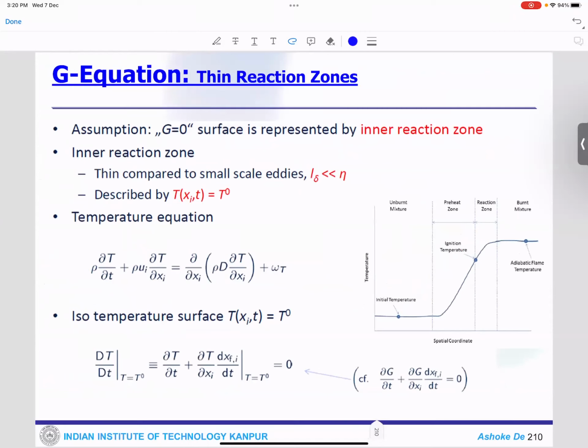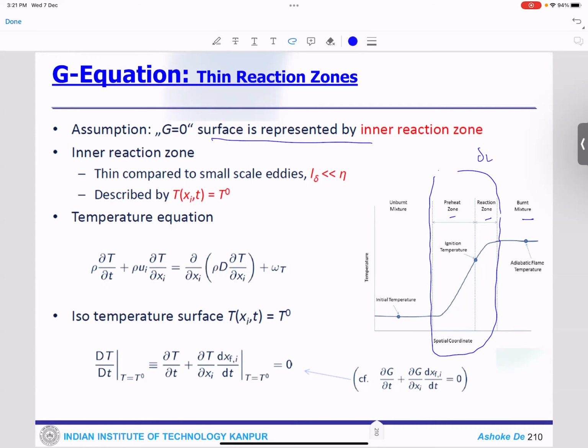So the assumption is the one which we have provided in the inner reaction zone. If you look at the flame structure, this is my reaction zone, this is my preheat zone, and obviously this is completely burned product, and this is going to give me the flame thickness. Obviously the flame thickness is quite small, that is what thin reaction zone means.